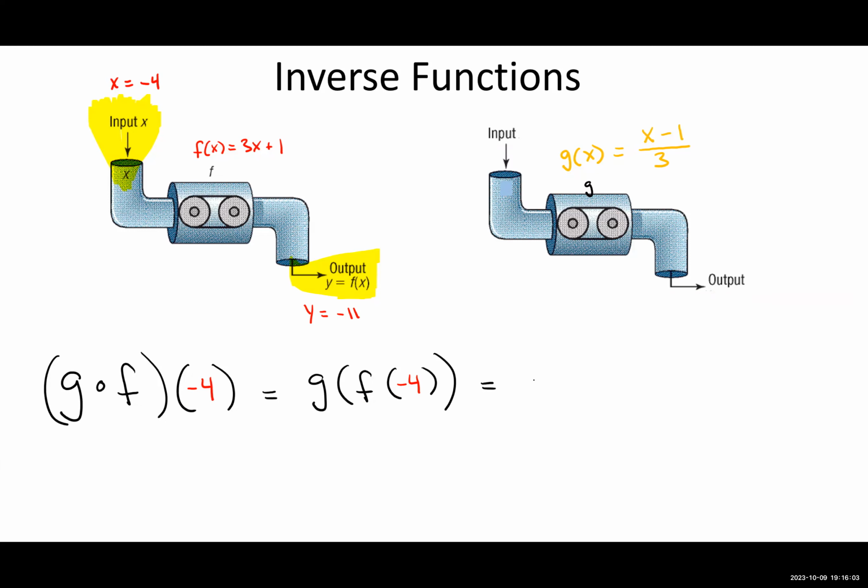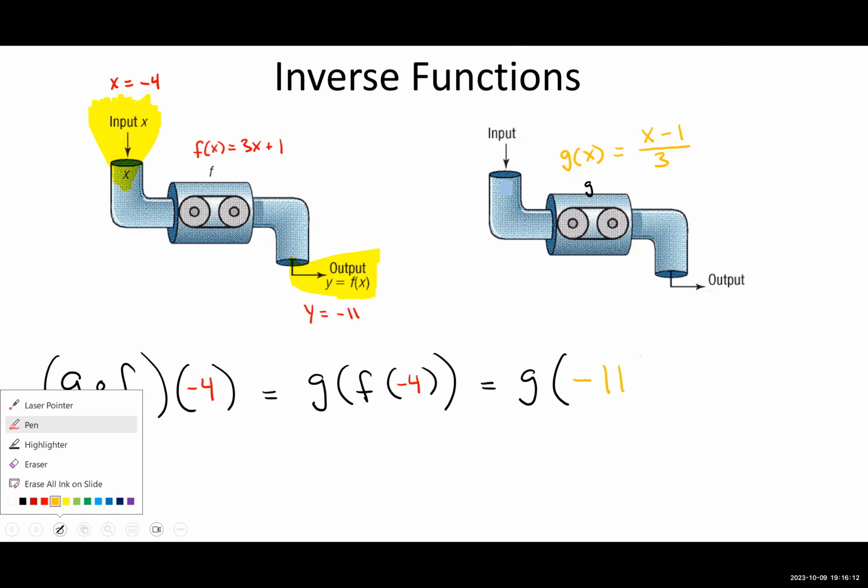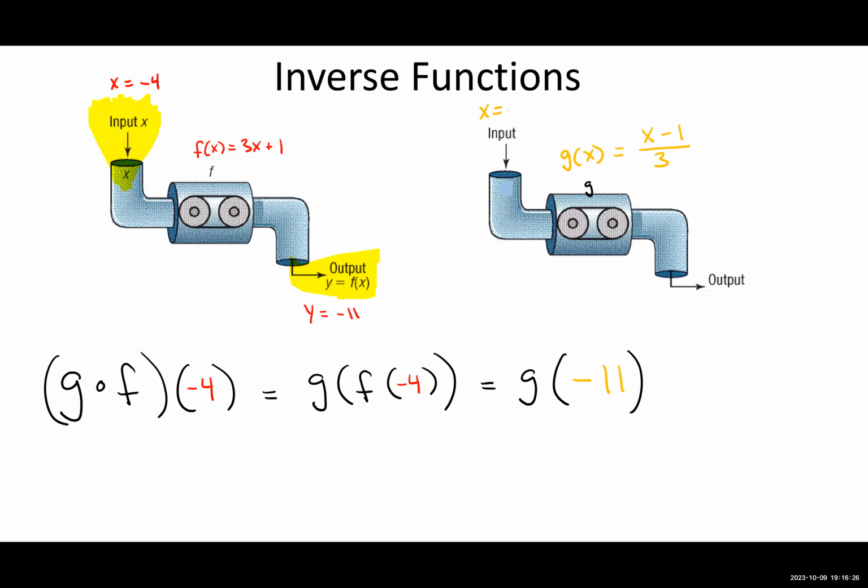So that is g of -11. Let's go back to black. So now for the g of x function, I'm using x equals -11. That's the input that's going into the g function.